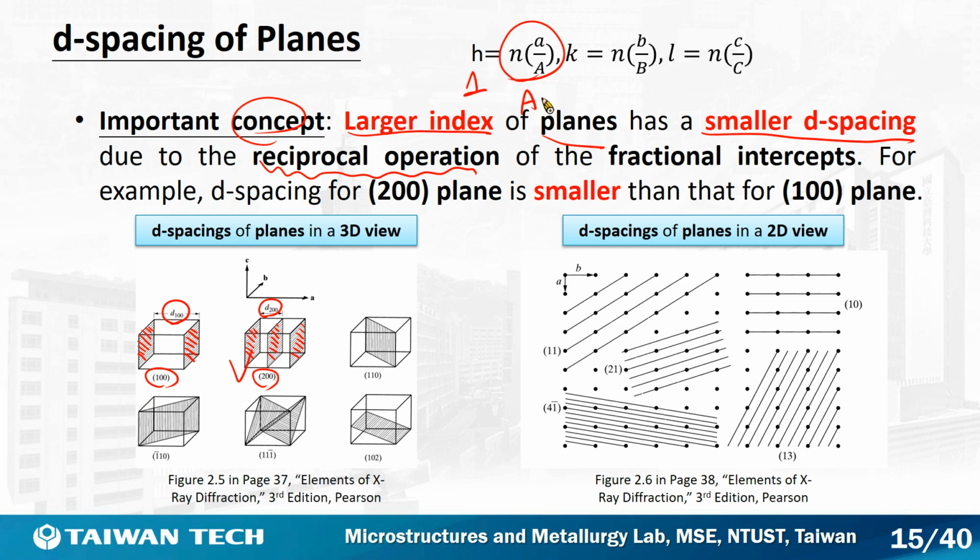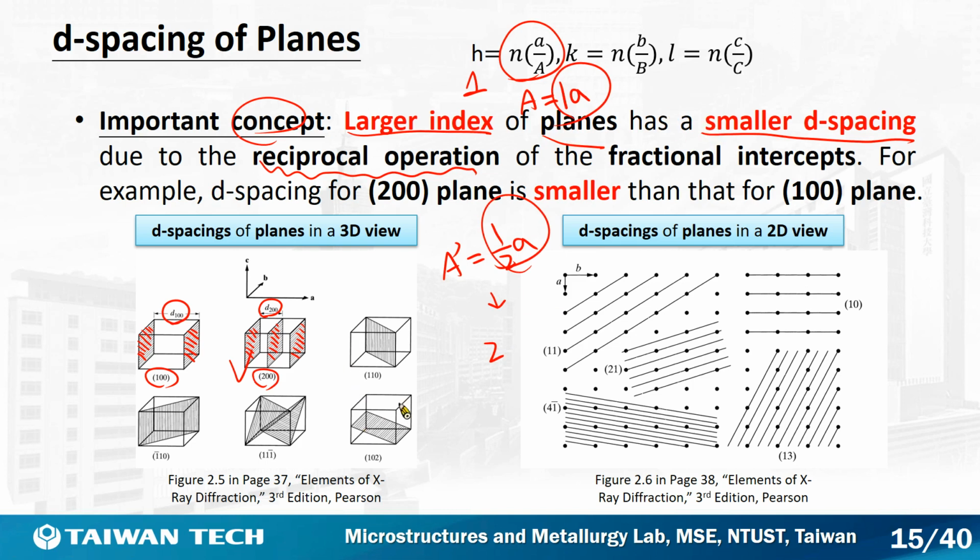It means that a equals 1a, but how to get 2 here? So a prime would be a half a. After the reciprocal operation, it will become 2, right? So that's why a larger index of plane has a smaller d-spacing.